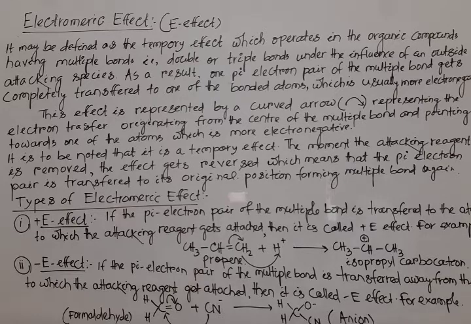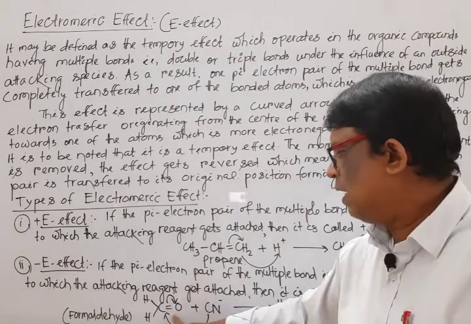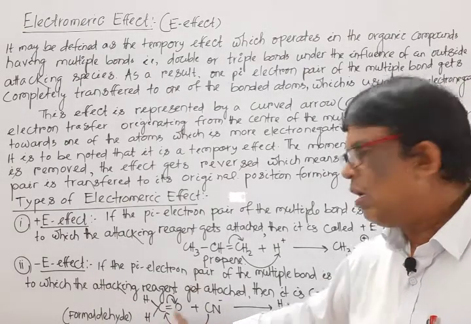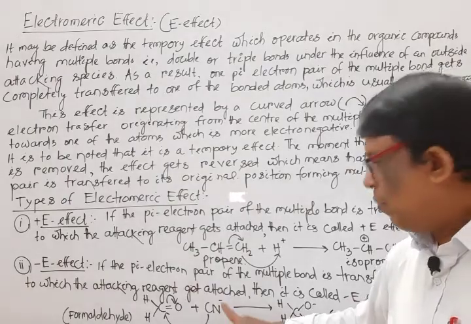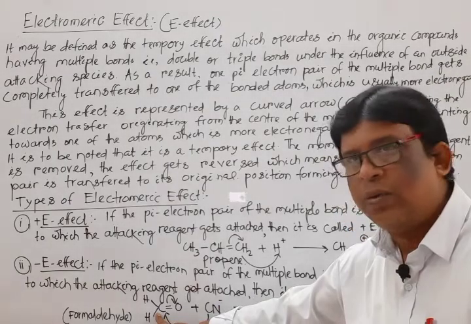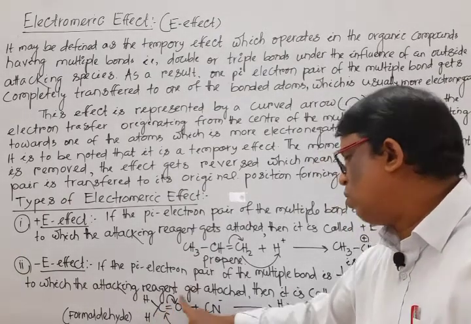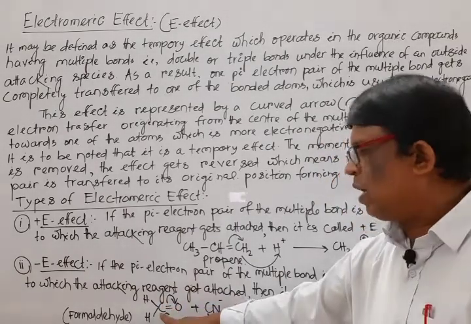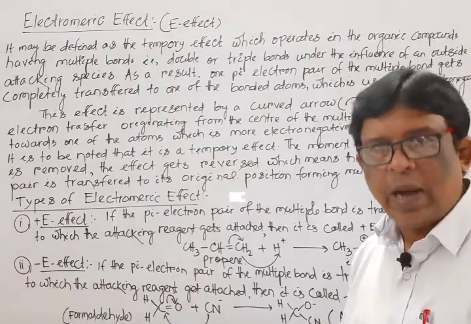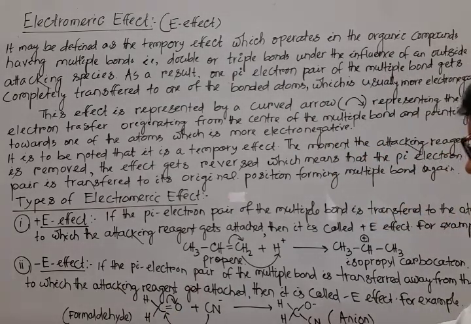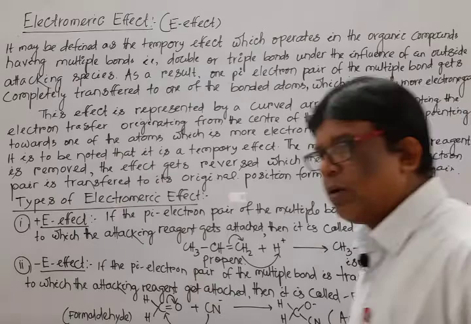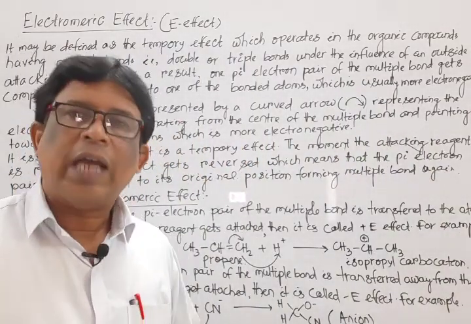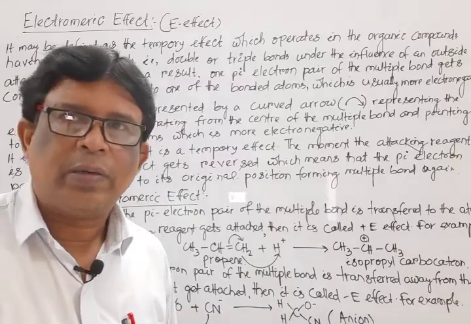Okay, for example, formaldehyde, HCHO, common name is formaldehyde, IUPAC name is methanal, attacking reagent is cyanide. Mark that this cyanide attaches to this carbon atom, but the pi electron of the multiple bond is transferred away towards the oxygen, that is away from the carbon, then it is known as minus E effect. So the product is formation of a negative ion or anion. It is the definition and the types of electromeric effect.